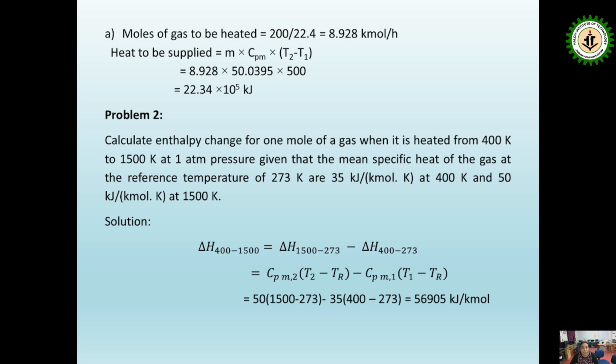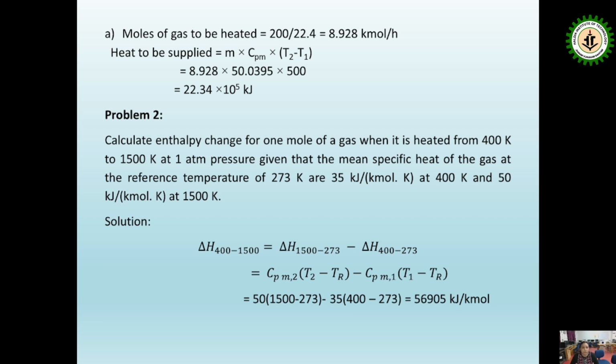Calculate enthalpy change for 1 mole of a gas when it is heated from 400 Kelvin to 1500 Kelvin at 1 atmospheric pressure, given that the mean specific heat of the gas at the reference temperature of 273 Kelvin are 35 kilojoule per kilomole Kelvin at 400 Kelvin and 50 kilojoule per kilomole Kelvin at 1500 Kelvin. Now the reference temperature 273 Kelvin is outside the given range, 400 and 1500 Kelvin.